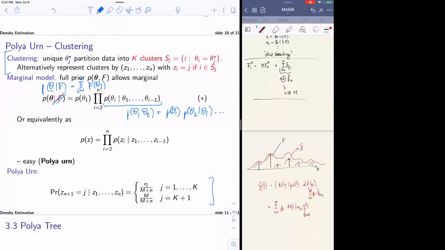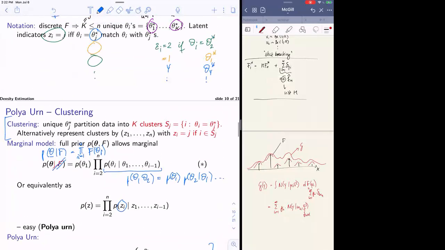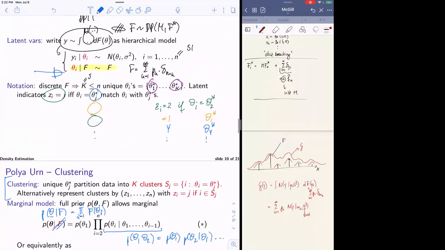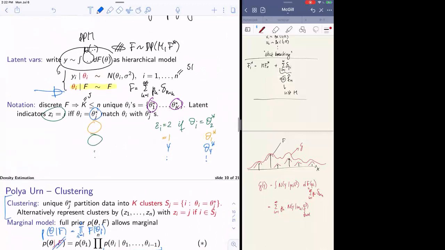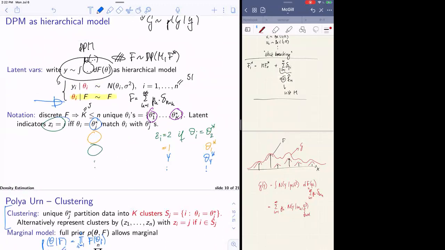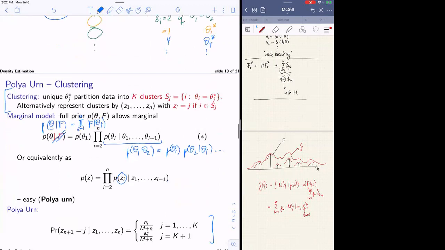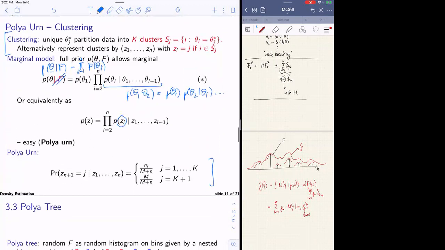Do you remember the definition of the set I? Let me quickly flip back to the previous slide. We introduced here the definition of the set I. Set I is equal to J when the ith experimental unit is in the J-th cluster. So instead of telling you the joint for the theta, I can instead give you the joint for the cluster membership indicators.